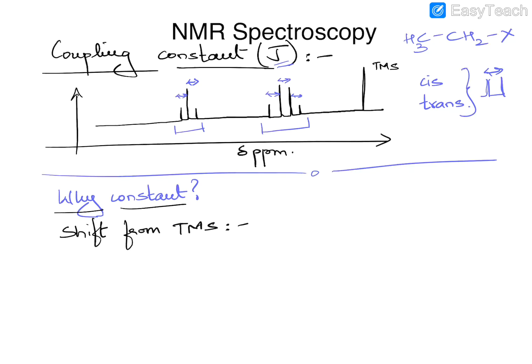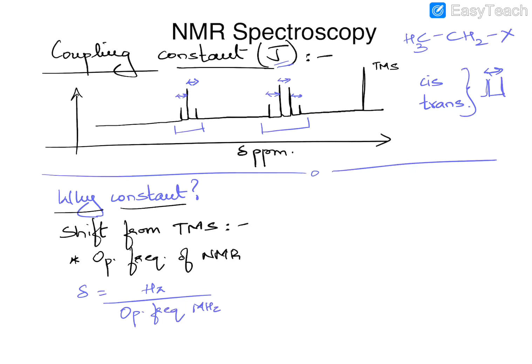We've discussed a few lectures earlier that the shift from TMS is highly dependent on the operational frequency of the NMR. That is the reason we need to define something called the chemical shift delta, wherein we define this chemical shift value as the shift in hertz divided by the operational frequency of the NMR in megahertz, and we represent this in units called parts per million or ppm.